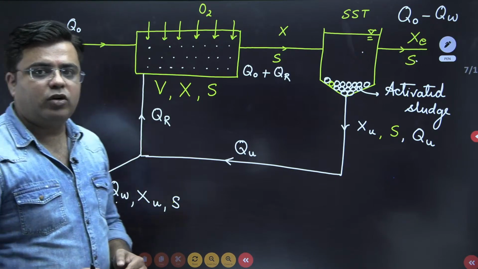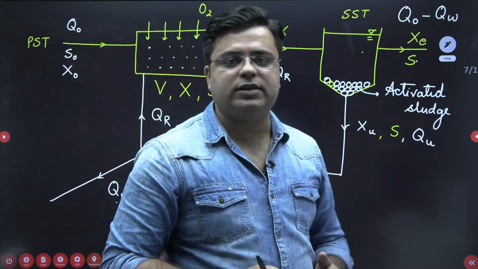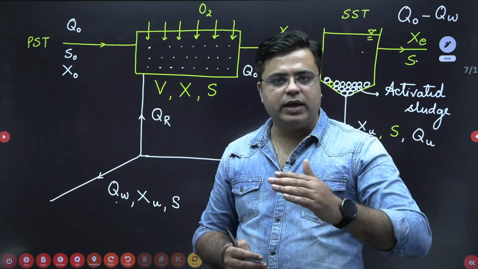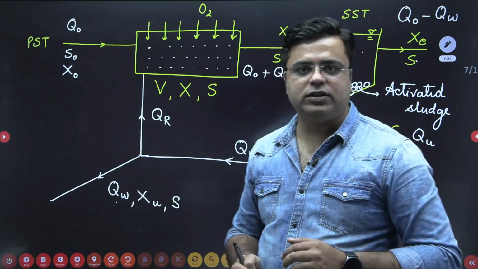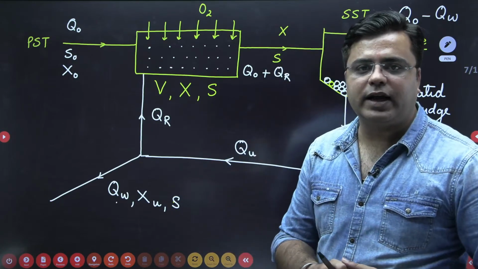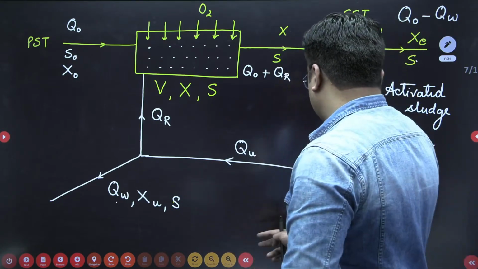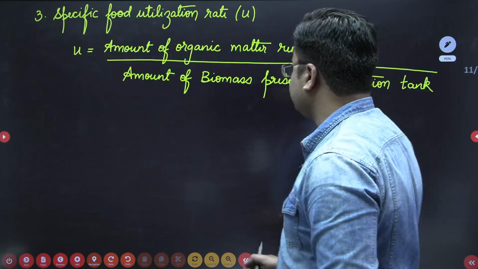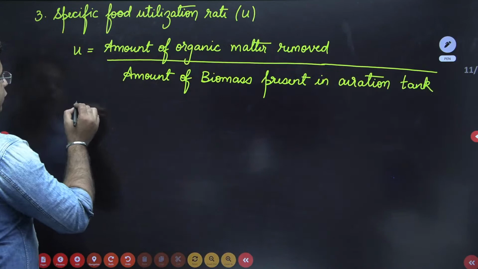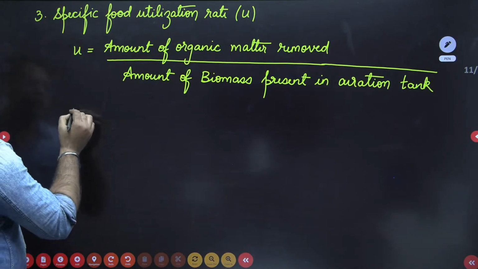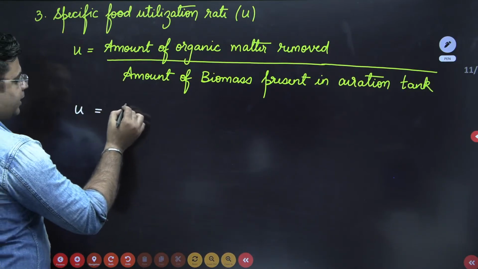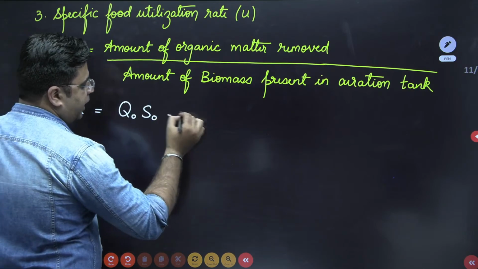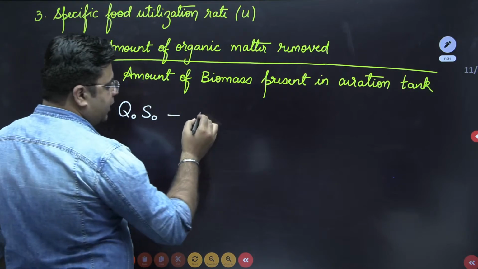So the total amount of organic matter which is removed by the system is the difference of the amount of organic matter entering into the system and the amount of organic matter leaving the system. That is the total amount of organic matter removed by the system. So I'll write this. Specific food utilization rate U is equal to the amount of organic matter entering into the system, so this is Q naught into S naught, minus the amount of organic matter leaving the system.